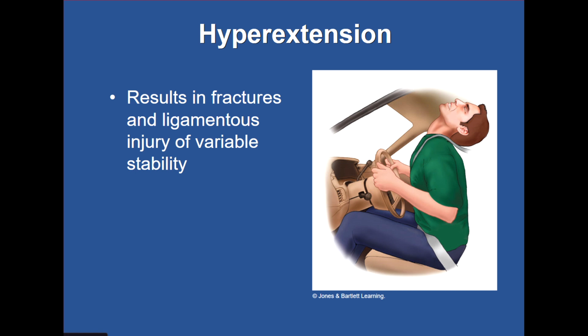Even if you just tilt your head back, your body isn't used to that. That's a lot of weight that falls back, and you can have damage there. So if it goes way back, then the body itself has a really hard time fixing that. All right.